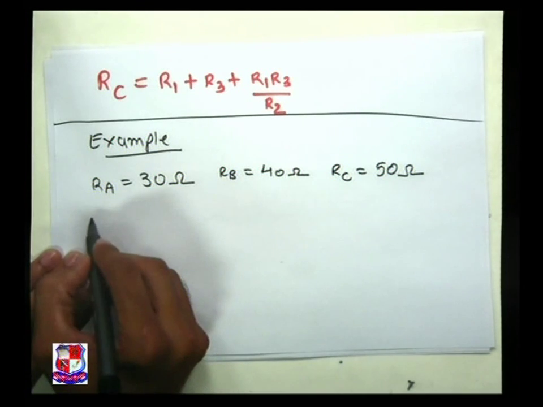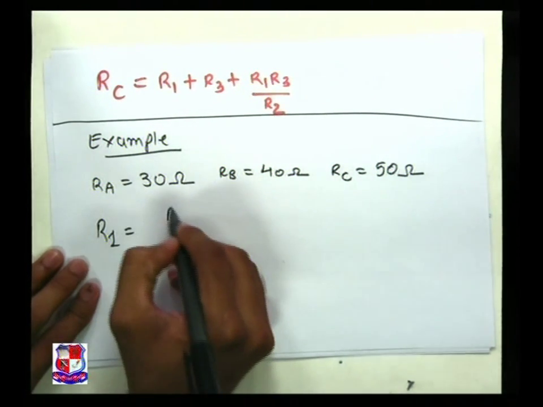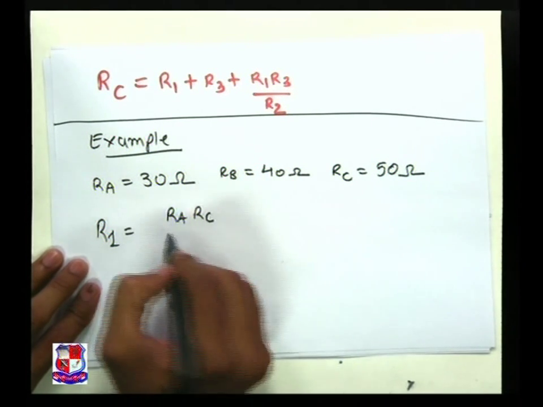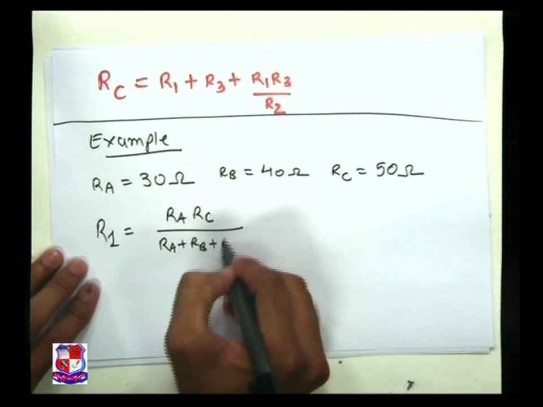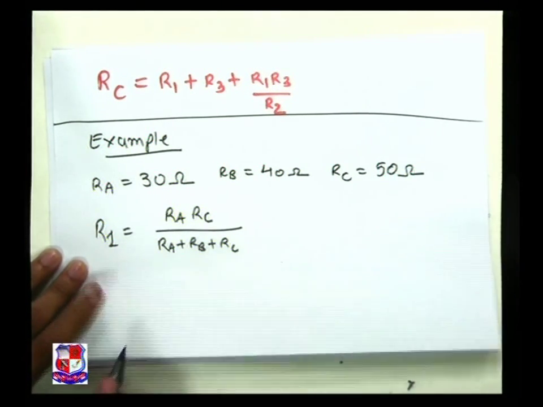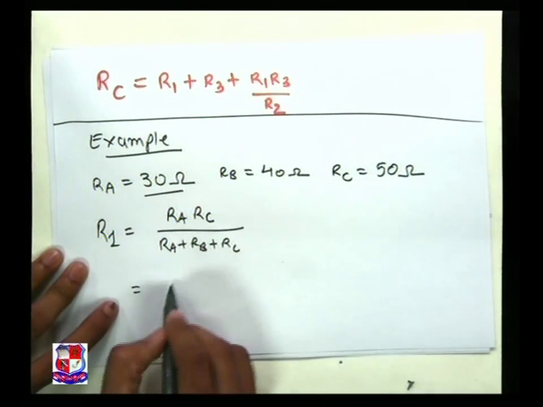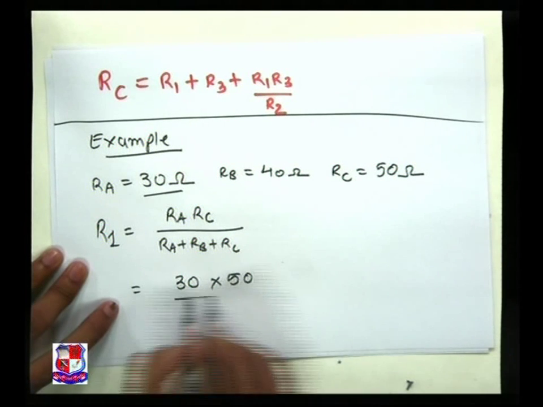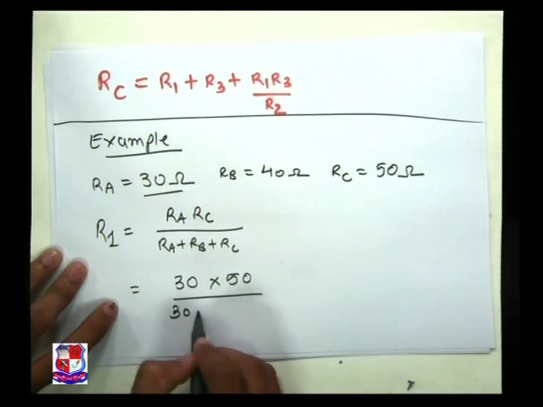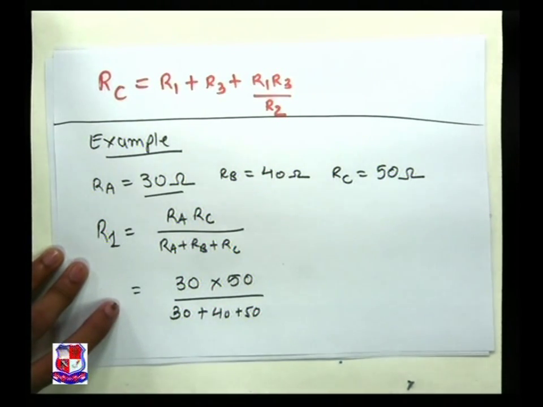The first equation, to find the value of R1, is RA RC upon RA plus RB plus RC. Simply put in the values: 30 into 50 upon 30 plus 40 plus 50.